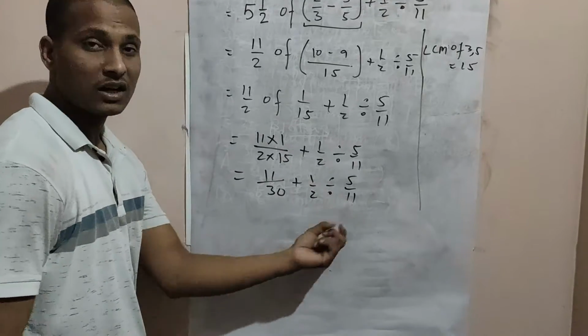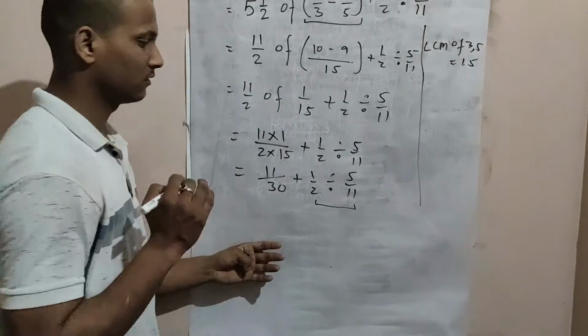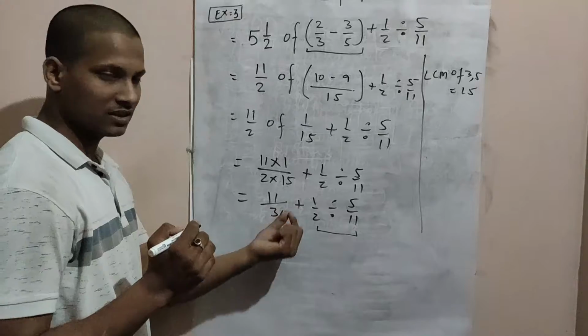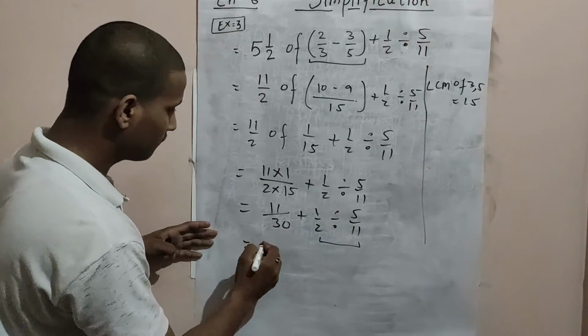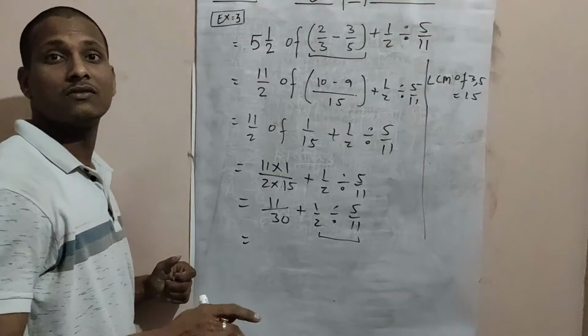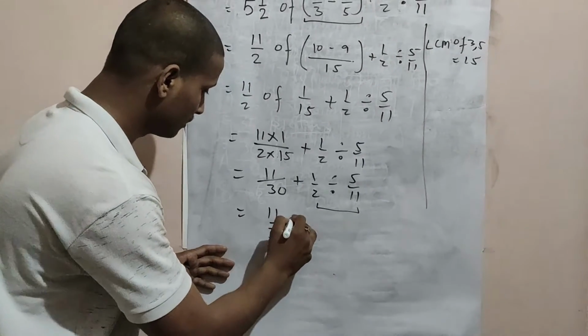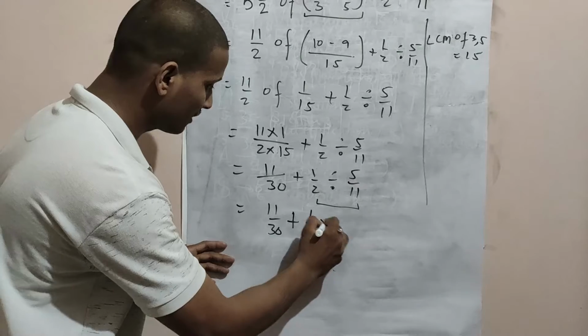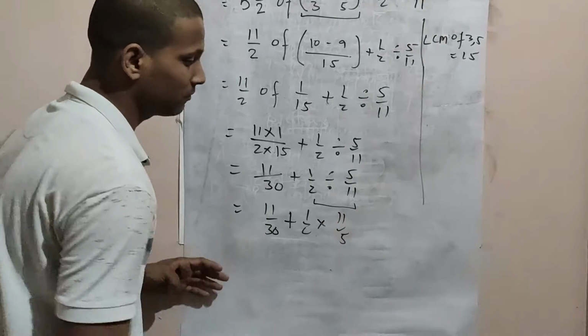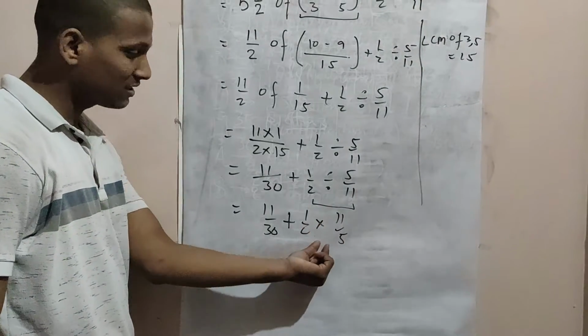Now we need to solve the division first, because addition is later on. So division, and we can solve the division in fractions by converting it into multiplication with the help of the reciprocal. 1 by 2 and the reciprocal of 5 by 11 becomes 11 by 5, and the sign is changed into multiplication.